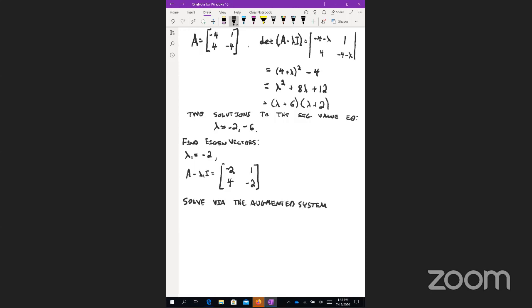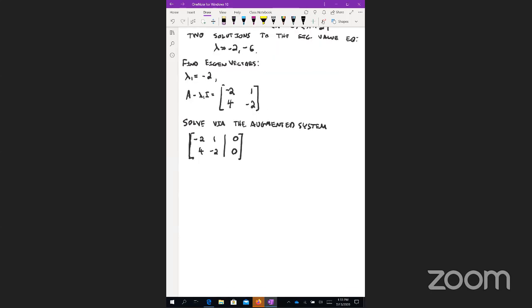For the 2x2 example, you can probably just look at that and tell me exactly what the answer is. But to do it out slowly once, the augmented system has -2, 1, 4, -2. We put the target on the right-hand side. In this case, the target is 0, 0. We want to find a vector such that when we multiply it by this matrix, we get 0, 0.